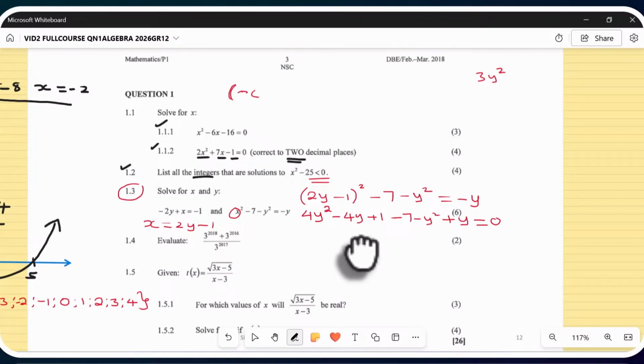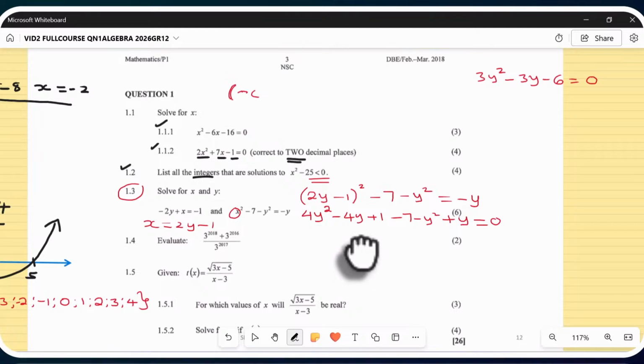We have y minus 2 and then y plus 1 equals 0. So from here, our answers are y equals 2 and y equals negative 1.